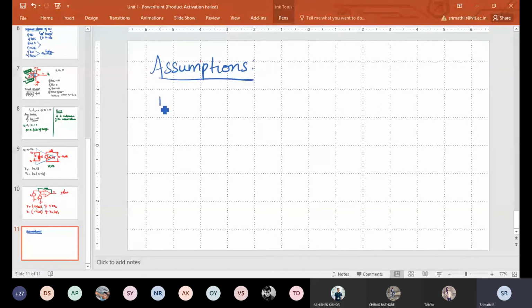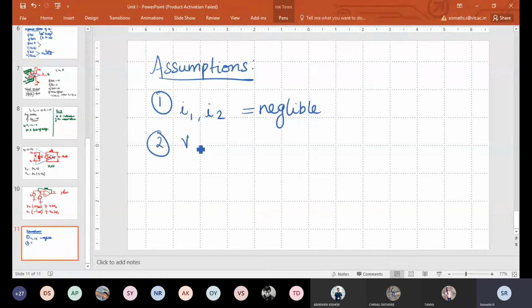The first one is that the current drawn by either of the input terminals, I1 and I2, is negligible. For an ideal op amp only, these two are 0. And the next one, the difference input voltage, VD, is essentially 0. These two are the assumptions we need to make while analyzing an op amp with a feedback circuit.